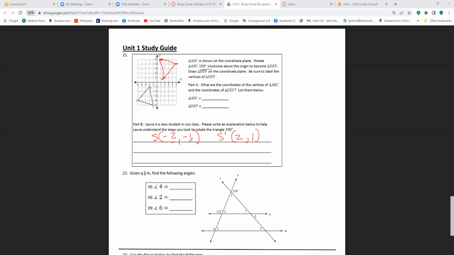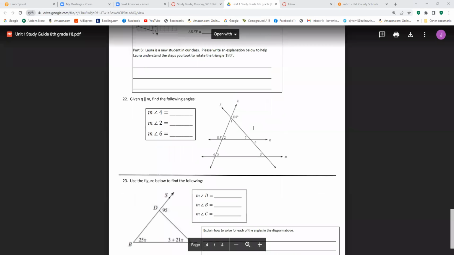So the numbers stay in the same position. The only thing that changes is the sign of each number. I would type all of that out, because when you're answering a short response question on a test, it's better to put too much information than not enough.